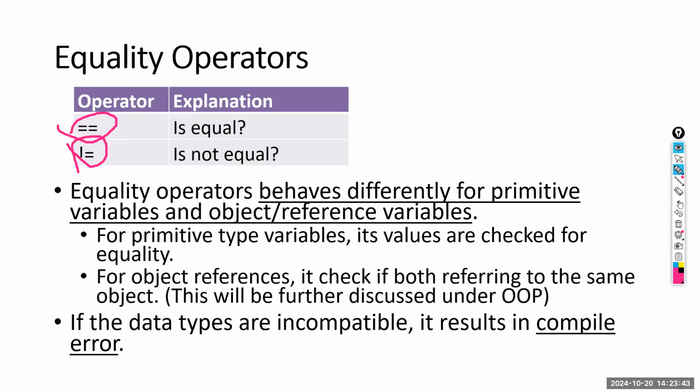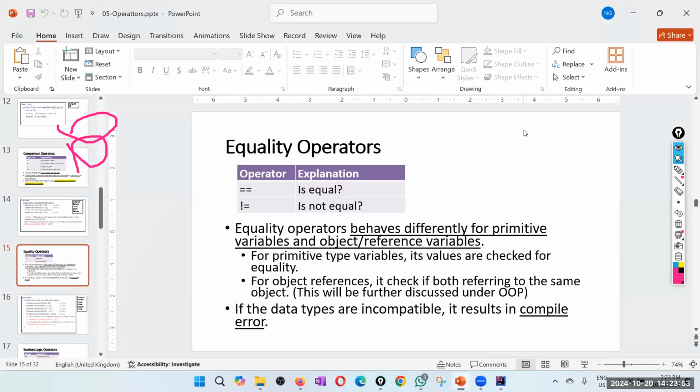The better way of remembering these operators is: equal, isn't equal, question. So the result is a Boolean value. Again, this works for compatible data types. Otherwise, it will try to implicitly cast to a compatible type. Otherwise, you will get an error saying that you can't compare. Right? You can't check whether those two are the same.